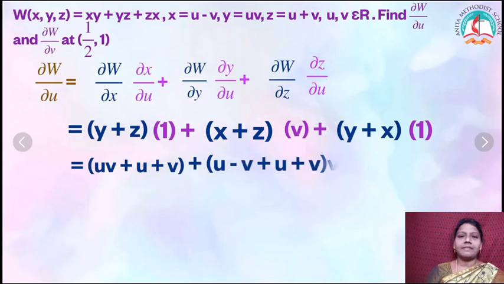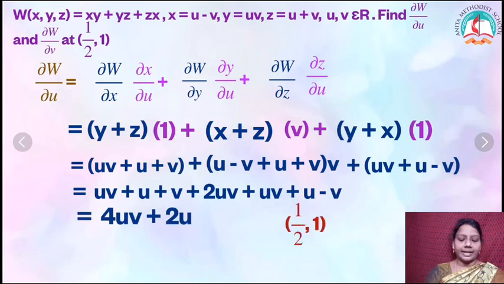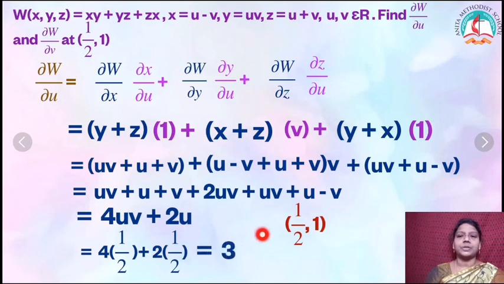So in the place of x, y and z, if you substitute, you will get the result like this. Now combining the values, if I am combining it, then we will get the simplifications. So here I can take the point 1 by 2 comma 1 because it is given to us. If I am substituting u equal to 1 by 2 and v equal to 1, then I am getting the result equal to 3.